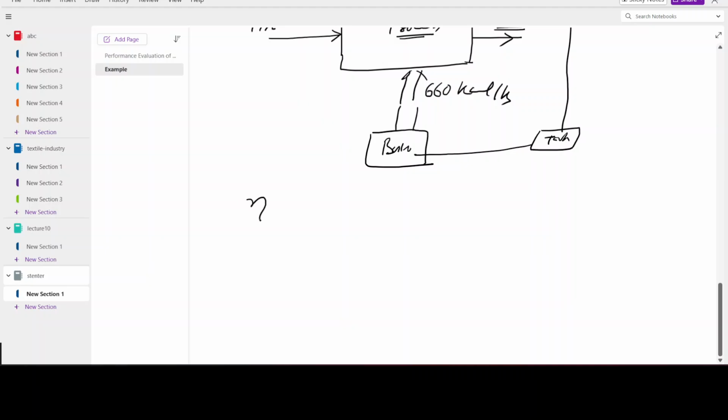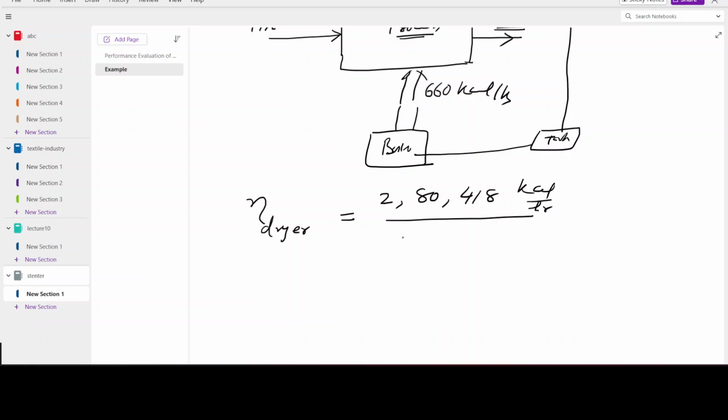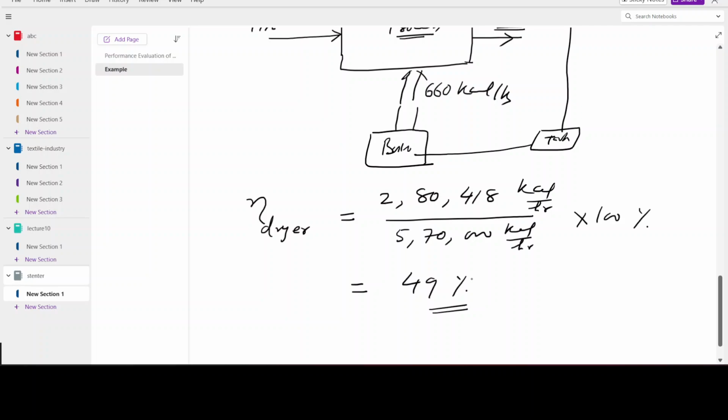Now we can find out the dryer efficiency very easily. We have already found out the useful energy spent in the dryer, that is 280,418 kilocalorie per hour, and the heat input we have found out to be 5,70,000 kilocalorie per hour, and for percentage we will multiply by 100, and this comes out to be 49%. So here we have found out the efficiency of the dryer.